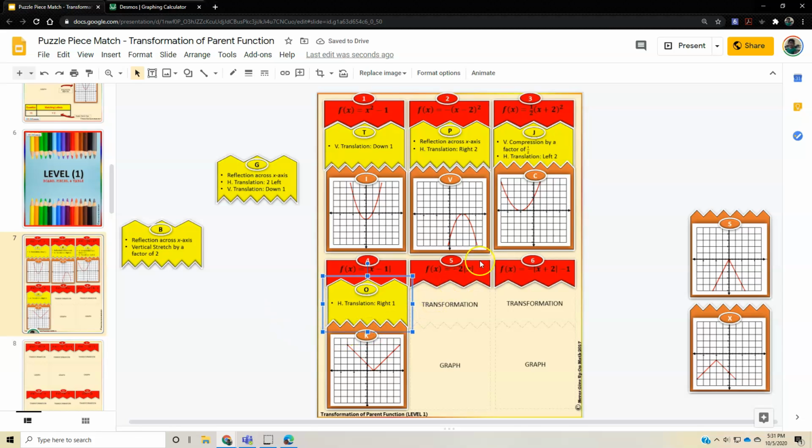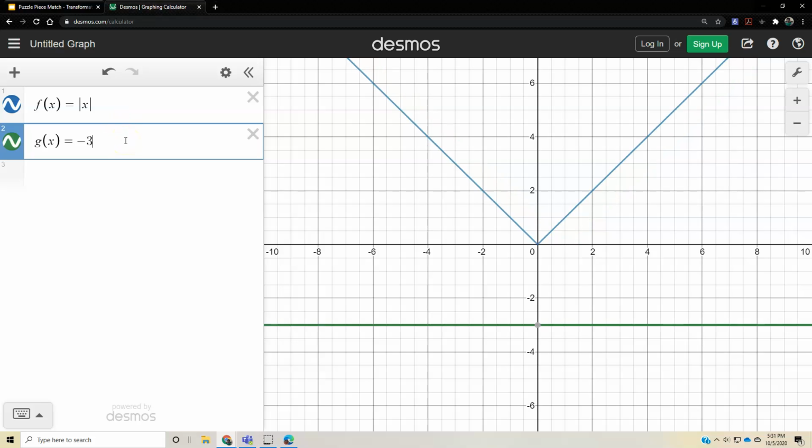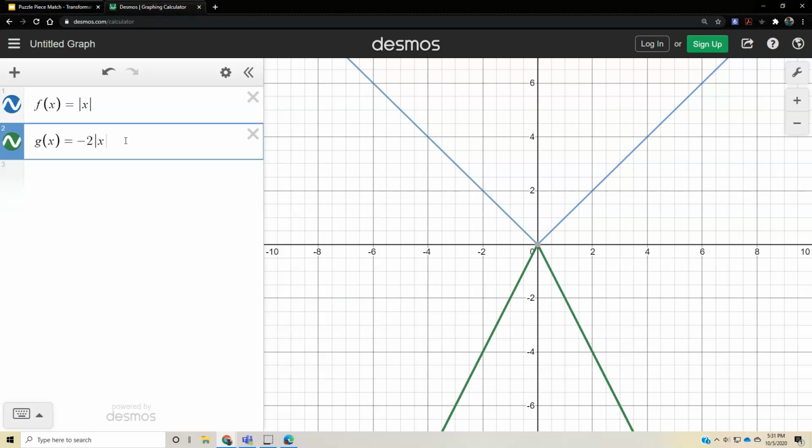Now the next one is f of x equals -2 times the absolute value of x. So I'm going to go ahead. We have -2, the absolute value of x. So you notice that it's a reflection, and it looks like it's a vertical stretch.